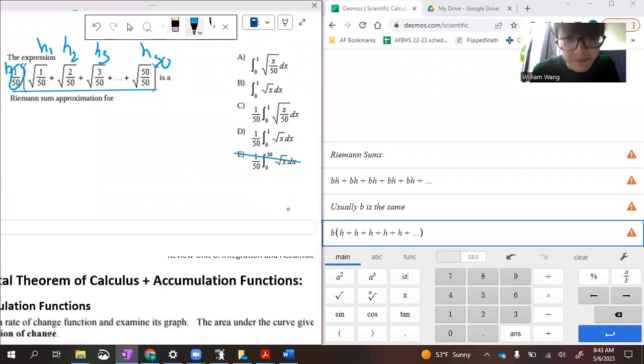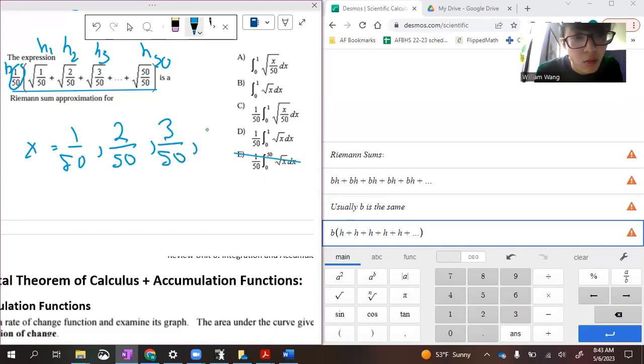If you think about it, from 0 to 1, if I'm dividing this into 50 different rectangles, my x values are 1 over 50, then 2 over 50, then 3 over 50, until I eventually reach 1.